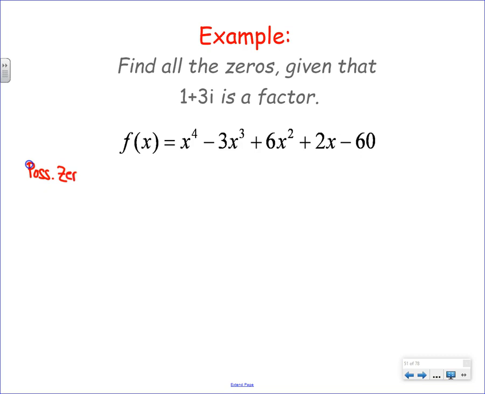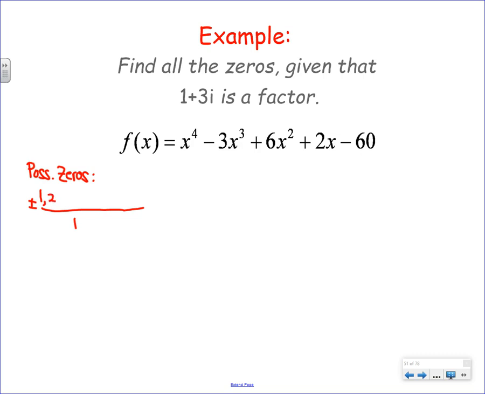For those of us that are just waiting, if we don't have our calculators, we're going to write all the different zeros we would have had to have tested. Oh, the leading coefficient is just 1, so that's kind of boring. So all the different ones we would have had to test if we didn't use the calculator to narrow down.